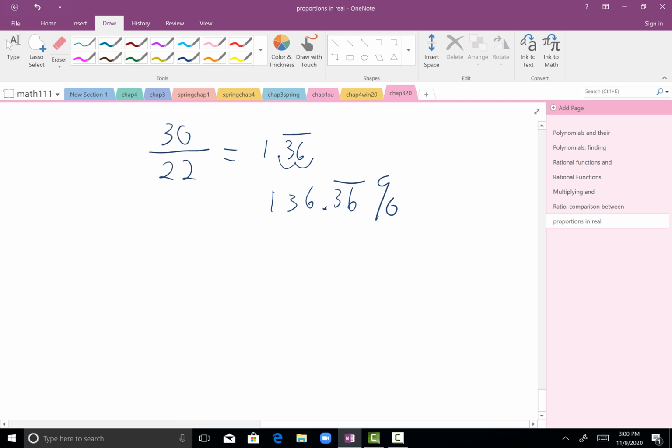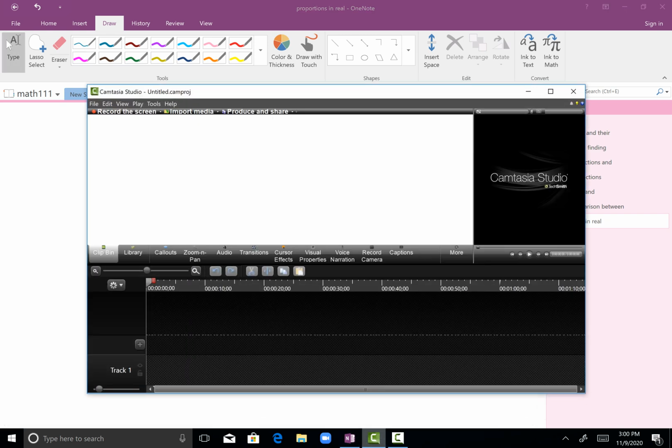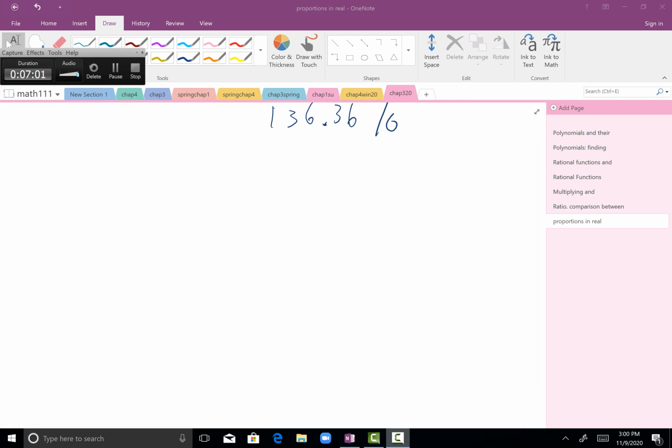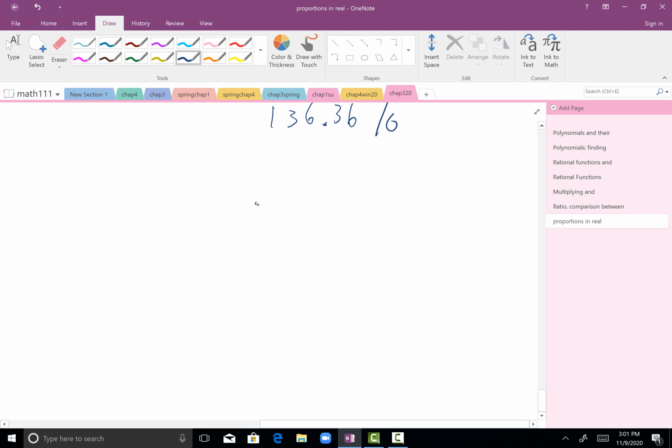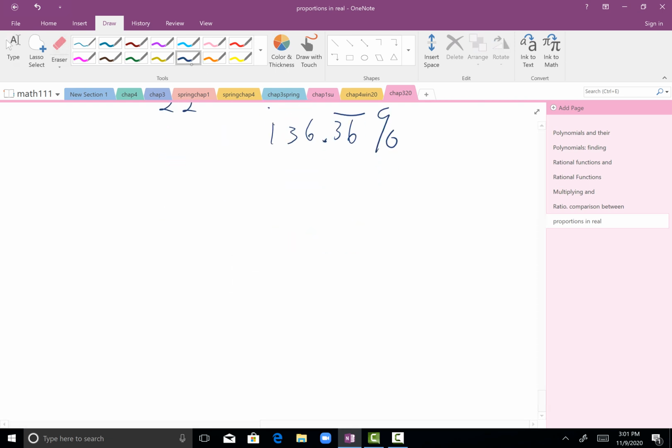I don't know if there's going to be many other problems that are going to be anything different than that. But let me just take a quick look here. The only other one they bring up is, what if you've got 2/3 and you want to convert that to a percent? Well, that's 0.6 repeating.